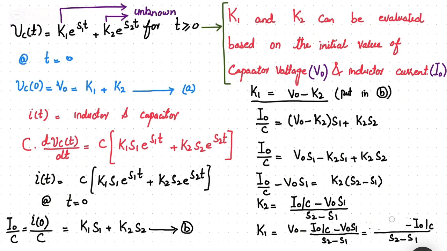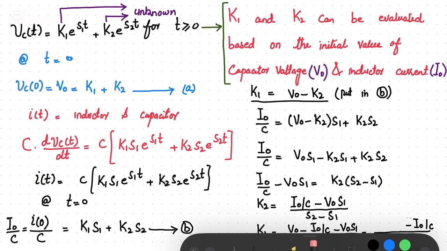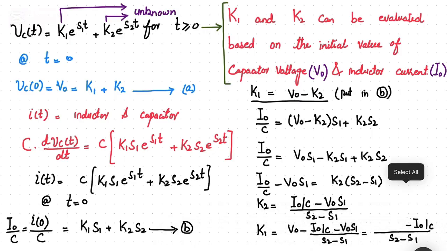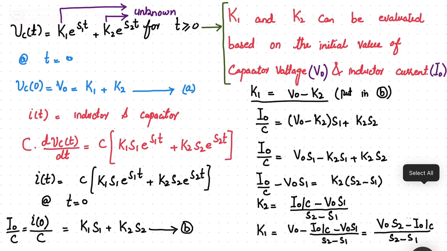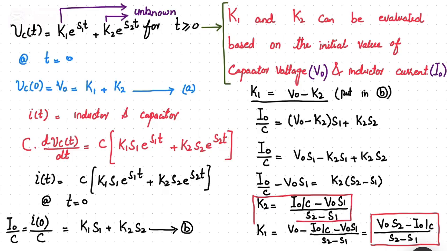So the simplified equation would be V0 S2 minus I0 over C from this part, over S2 minus S1. So K1 is this equation, and here we have the equation for K2.